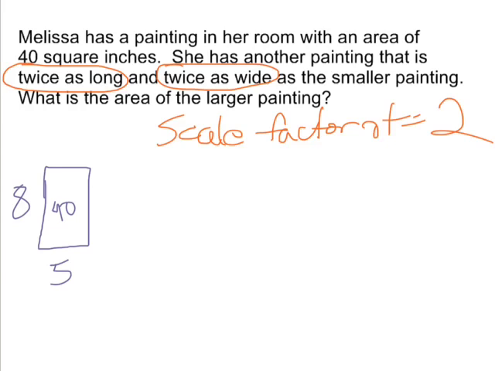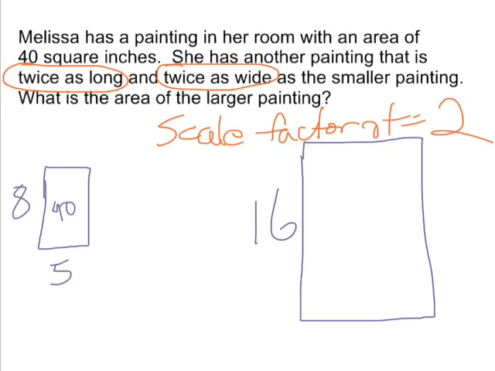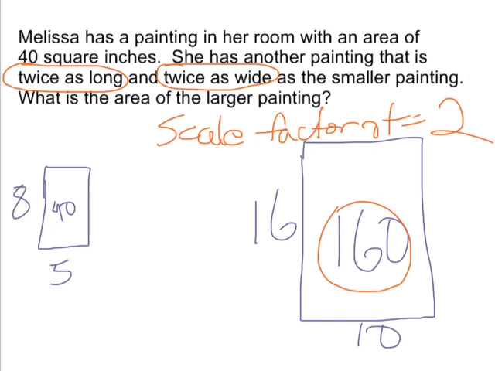And if we drew another one which was twice as long and twice as wide, it might look something like this. Of course, this is not perfect, but let's pretend. If this measurement was 8 and it's going to be twice as long, that would become 16. And then twice as wide as 5 would be 10, and if you multiply 16 times 10, you're going to get 160. So 160 would actually be your answer.